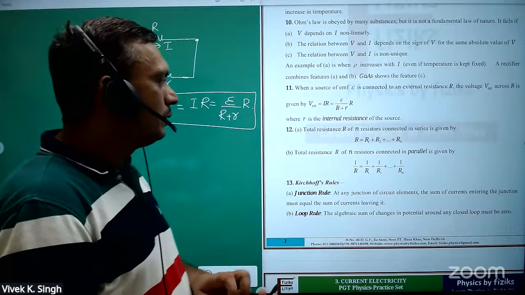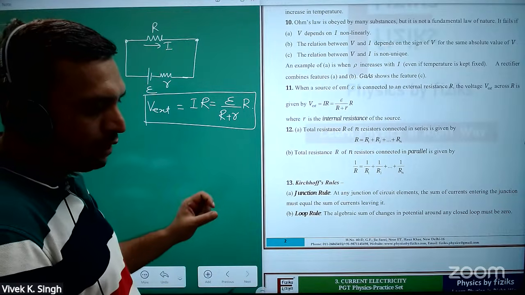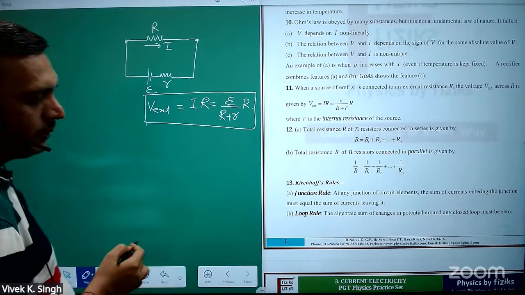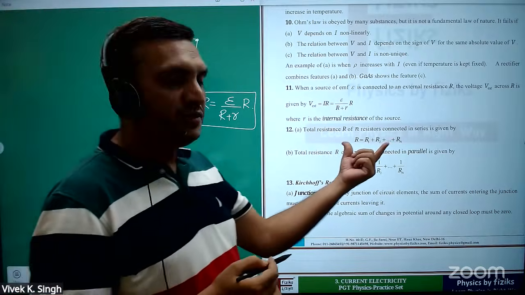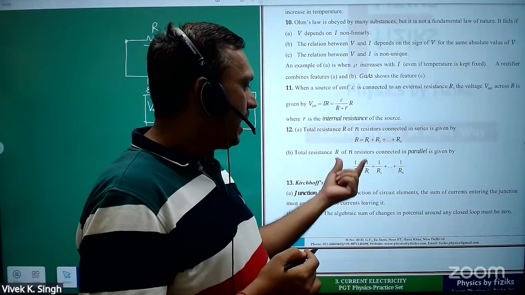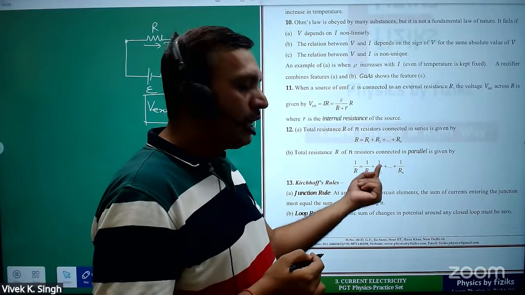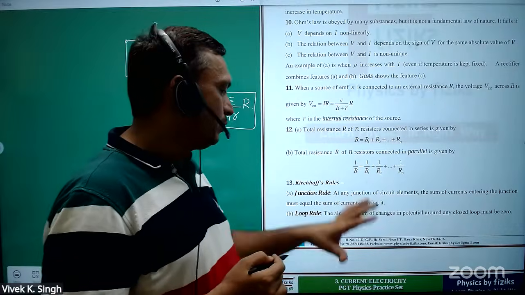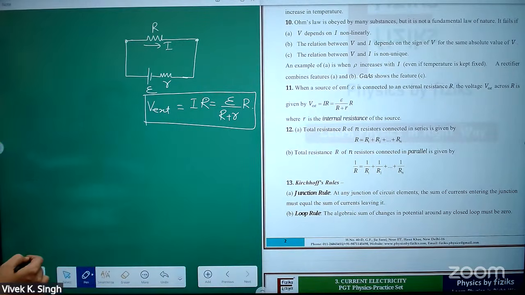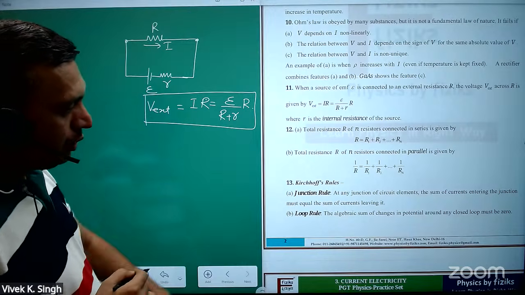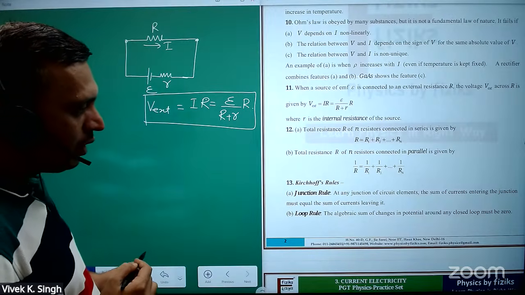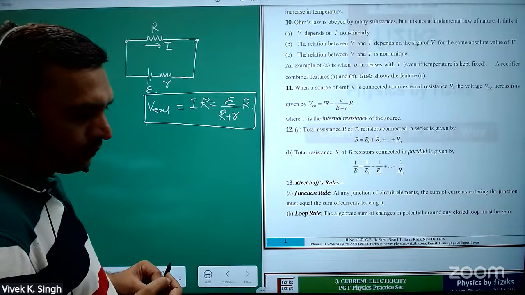You know, if you have to see series and parallel combinations, in series resistances will add up, in parallel the equivalent resistance is given by 1 by R1 plus 1 by R2 plus 1 by Rn. So you know these points. You know about Kirchhoff's current law and Kirchhoff's voltage law.